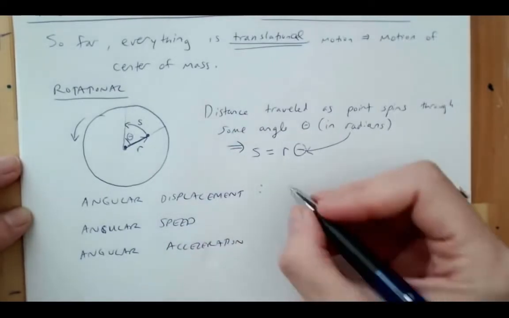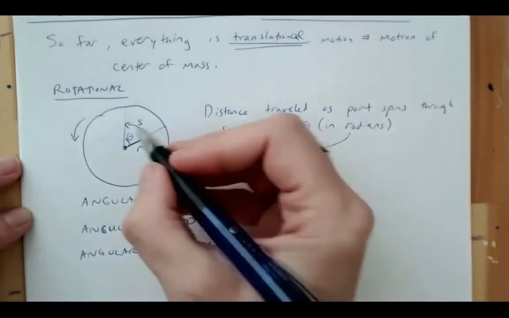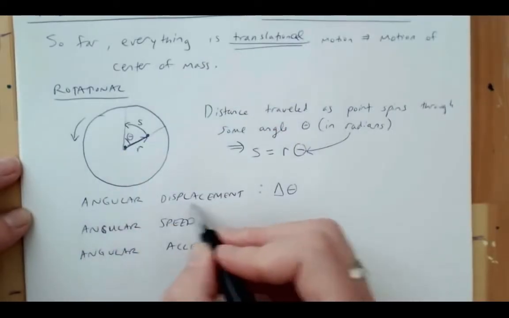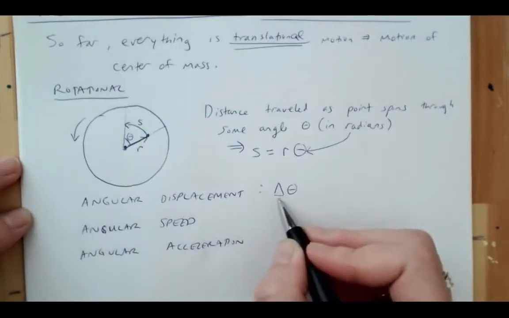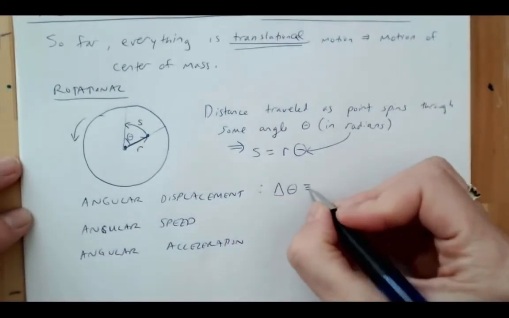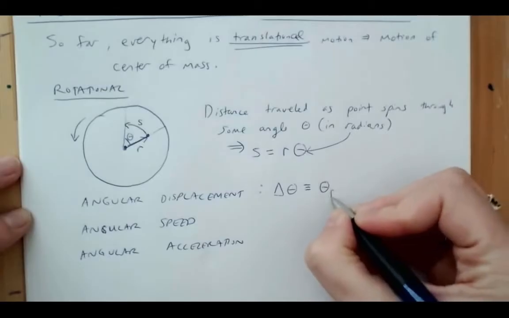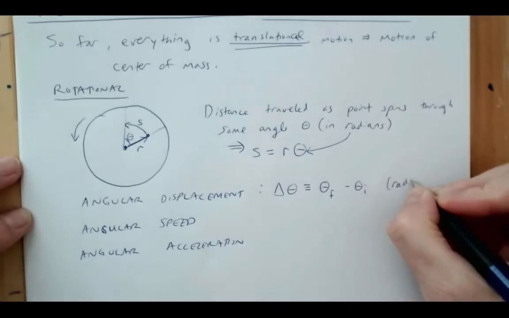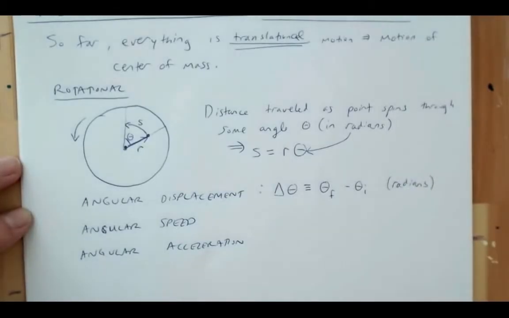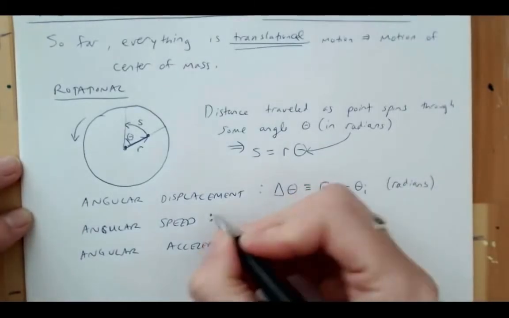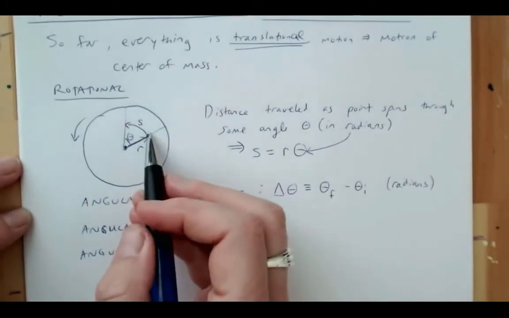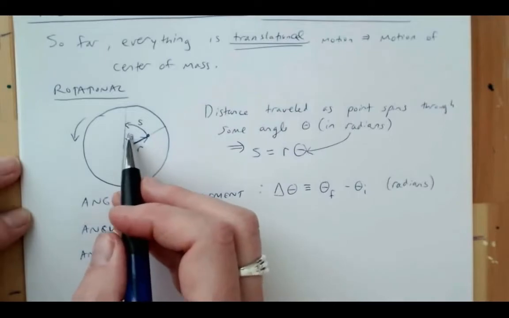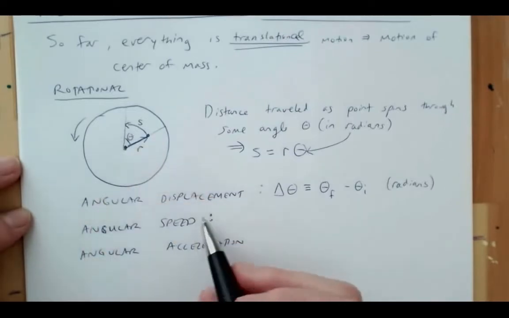So angular displacement here would be how far it has gone in terms of its angle. So displacement before was delta x, now it's going to be delta theta. So the angular displacement is defined as some theta final minus some theta initial, and again this is used in radians. The angular speed is not its distance traveled divided by the time, but instead it's going to be the rate change of the angular displacement.